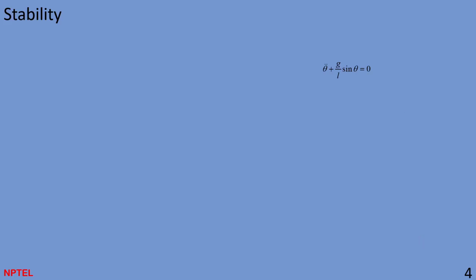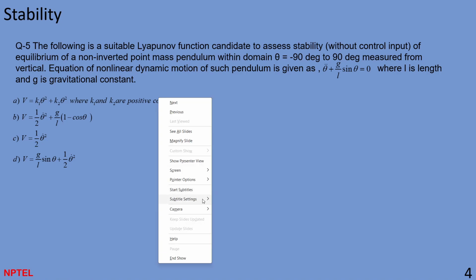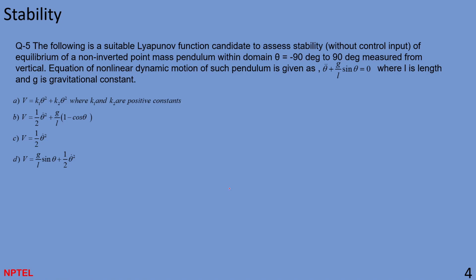This question is regarding the Lyapunov function. This is a kind of different question. Let's read the question first. The following is a suitable Lyapunov function candidate to assess the stability. These are the different Lyapunov candidates, given by the variable v, and it is without a control input.